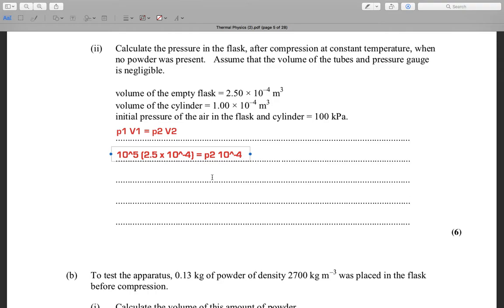Oh my god, I made a mistake. This is 3.5, because after, 2.5 plus 1.0 is 3.5. Okay, so we have P2.